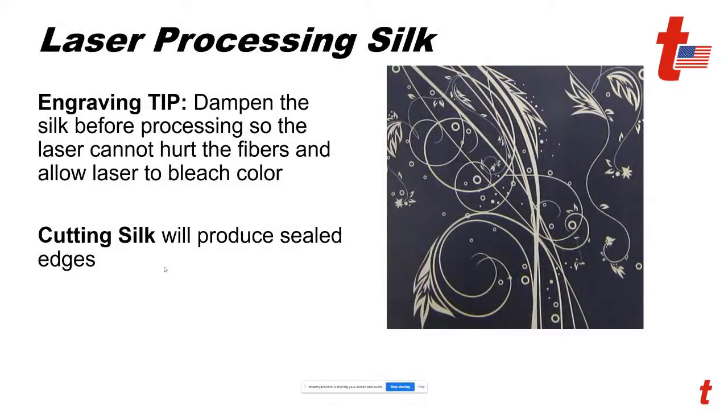You can get that contrast into it. You can wet it down, just like you can with the denim, and bleach off that excess material, producing that whitish effect. It is a little more sensitive and requires a little more trial and error, but it is a nice material that works a lot like the denim in the contrast. Cutting, of course, will be no problem, producing a nice, clean cut with sealed edges with the laser system.